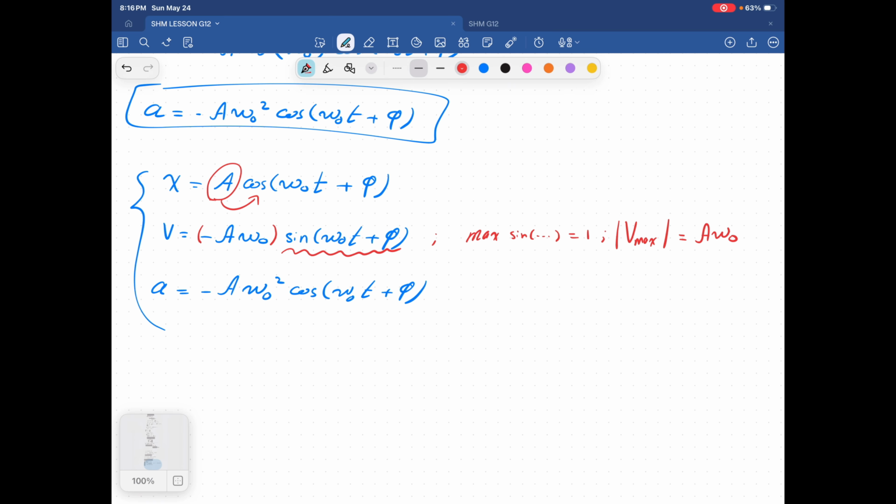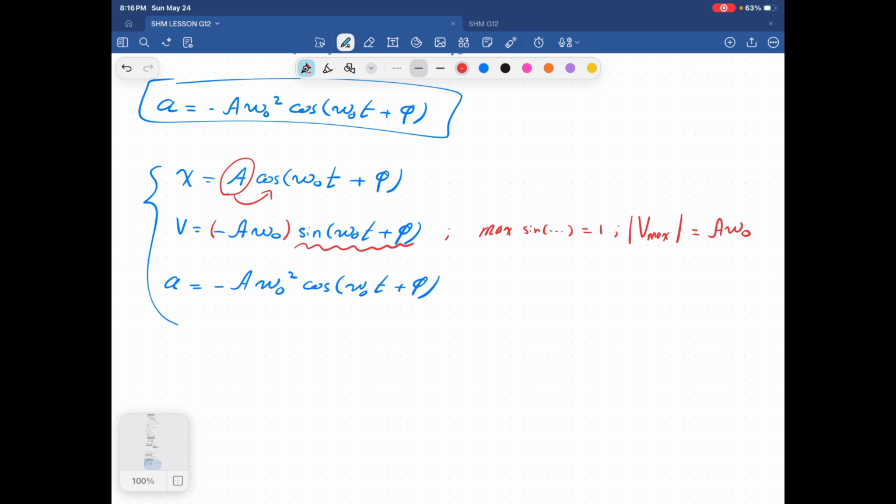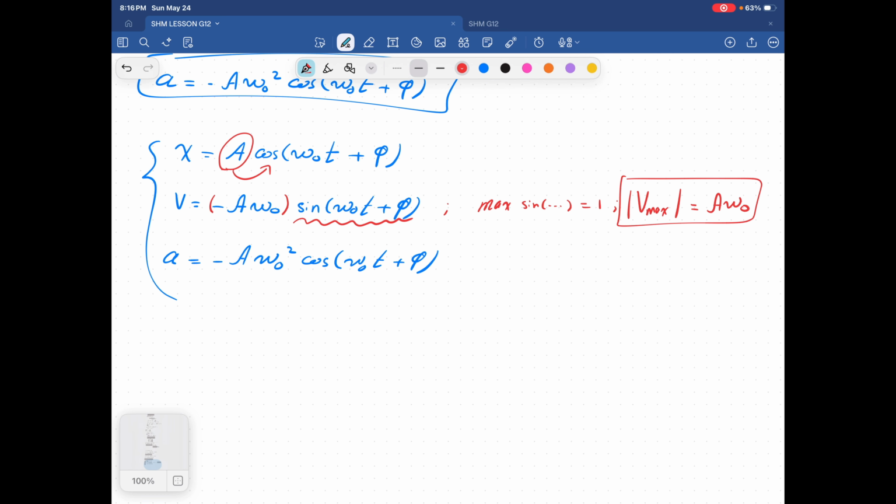The minus sign does not really indicate anything, it's a scalar value of speed. It cannot be negative. And so this is the maximum value of the velocity. And the maximum value of the acceleration, A max, is a w0 squared.